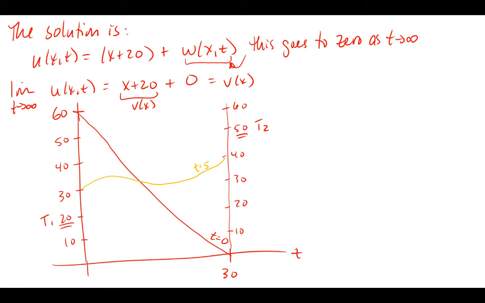After 5 seconds or whatever, the left end has cooled off quite a bit, because it's heading down towards 20, and the right end has warmed up quite a bit, because it's heading up towards 50. Of course it's wavy, because these are sine graphs. I'm probably being a little generous with making the wave that smooth, but it's in the right ballpark.